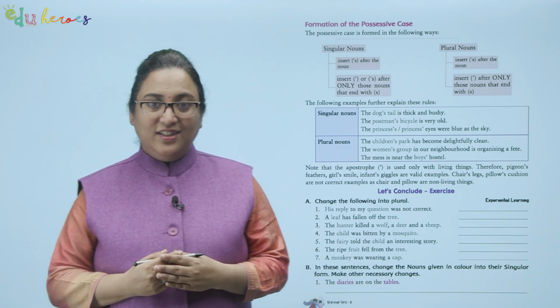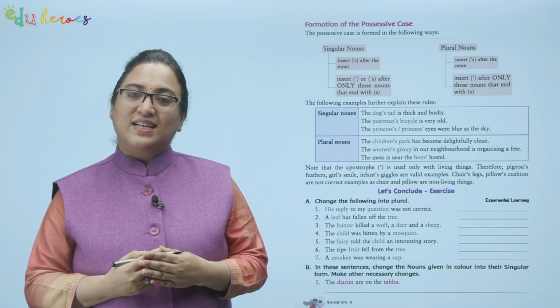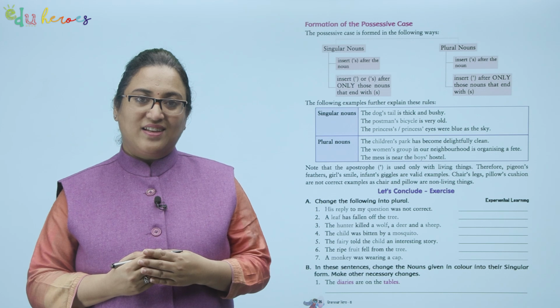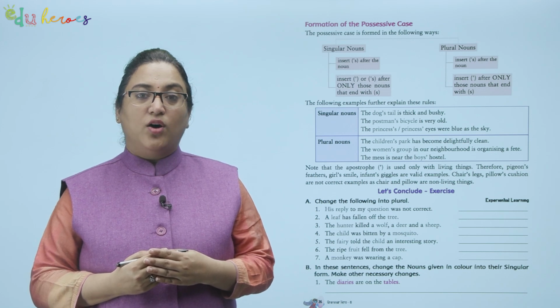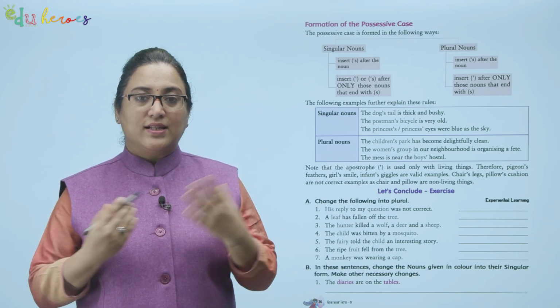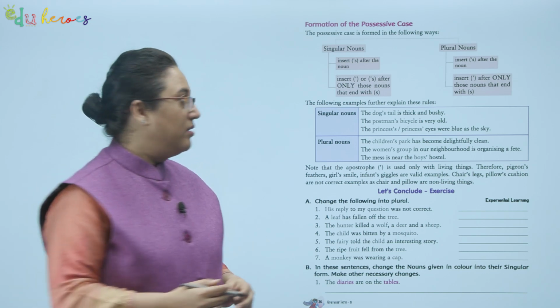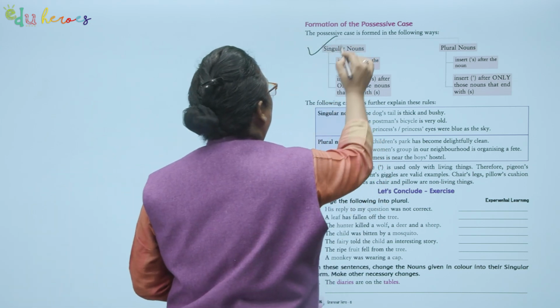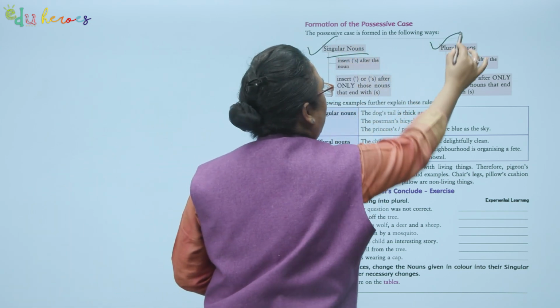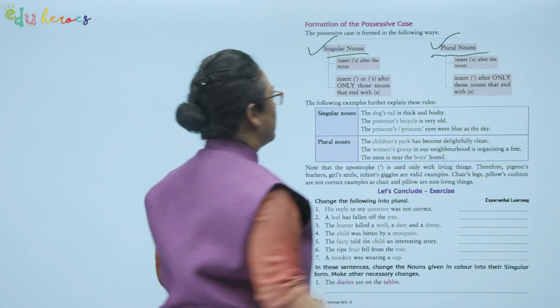Now let's study the formation of the possessive case. The possessive case is formed in the following ways. Let's have a look at this table. One way is through singular nouns, and the other is through plural nouns.